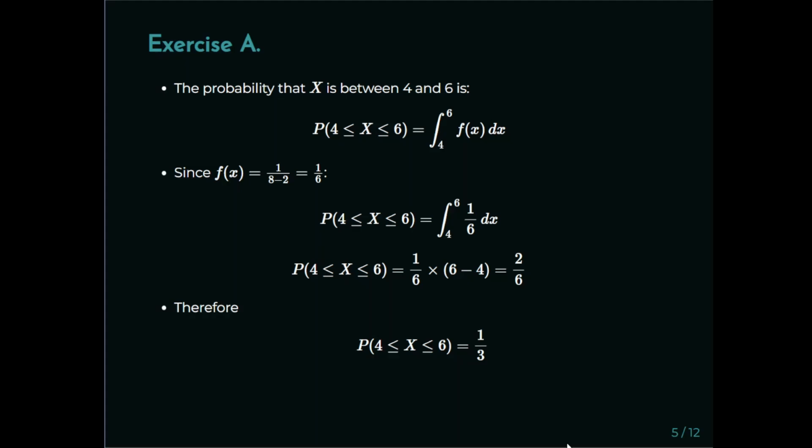Our integral for this interval between 4 and 6 is the definite integral between 4 and 6 of 1 over 6 dx. That's a constant term, and when we integrate 1, we just get x, and we evaluate it between the upper and lower bound, 6 and 4. 6 minus 4 is 2, so our answer works out to be 2 over 6.